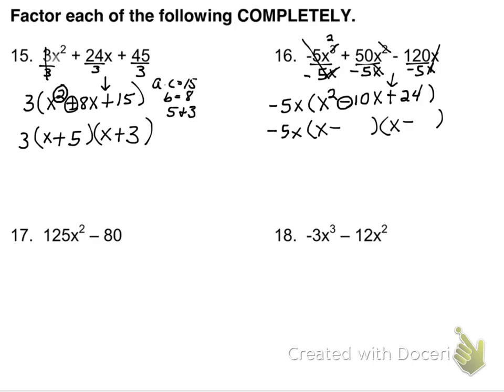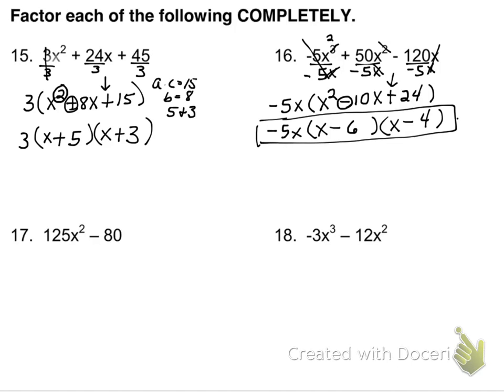Well, that would be 6 and 4. Now double check. Negative 6 times negative 4 is positive 24. Negative 6 plus negative 4 is negative 10. So that works out. So this would be the answer for that problem.